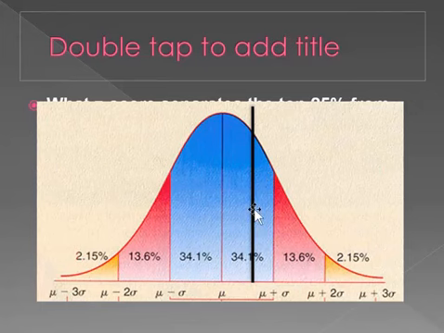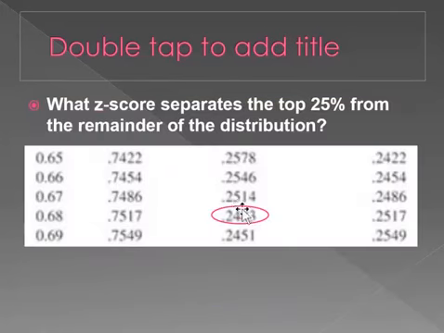And if I know that 0.2500 proportion is going to be at or above this, because 25% falls to the right of the distribution, then I could convert that percentage into a proportion and try to find the value in the tail that's closest to 0.2500 without going over, which I've done here. And then I can find the corresponding z-score associated with that value.